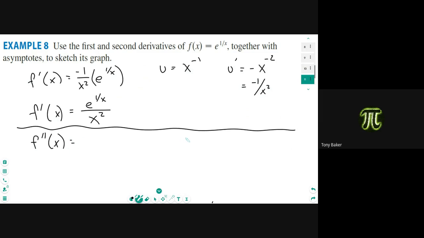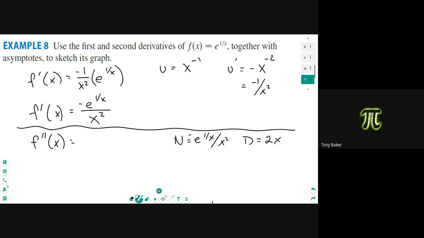Second derivative, we can do this as a quotient rule. The nice thing is I already know the derivative of the top because I just did it. So the numerator is e to the 1 over x squared. Oh yeah, I forgot the negative sign. And my denominator derivative is 2x.